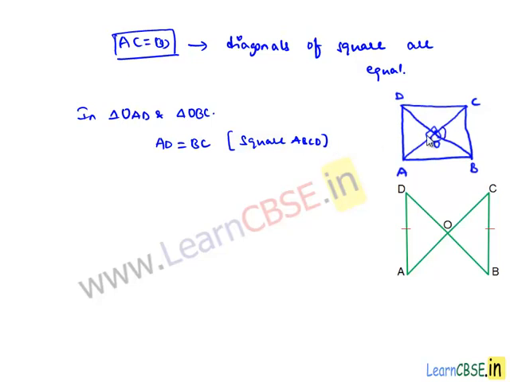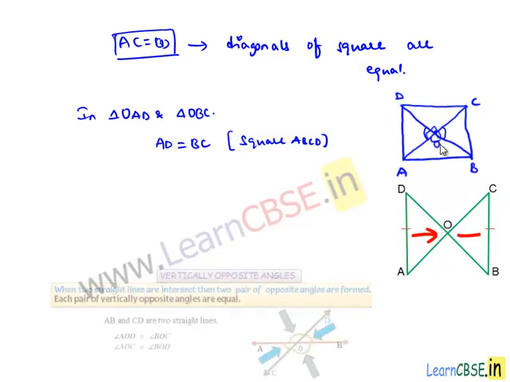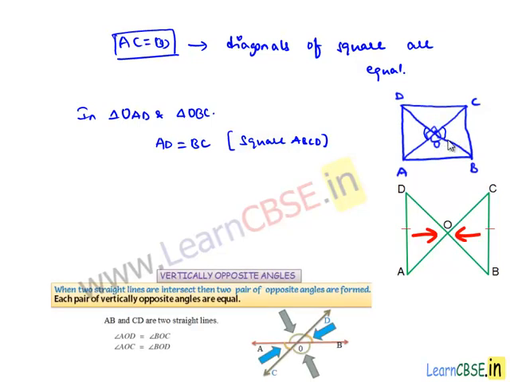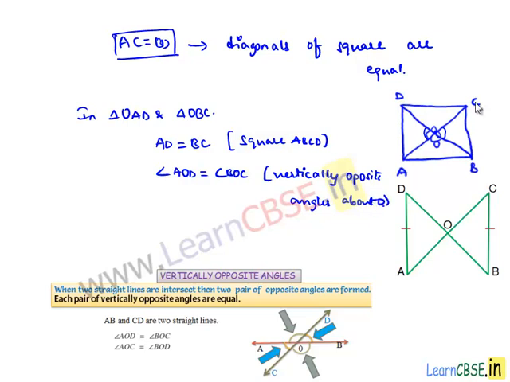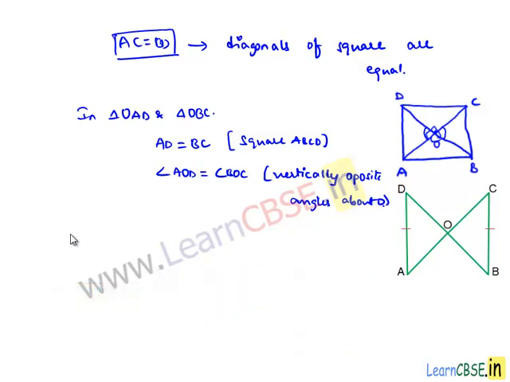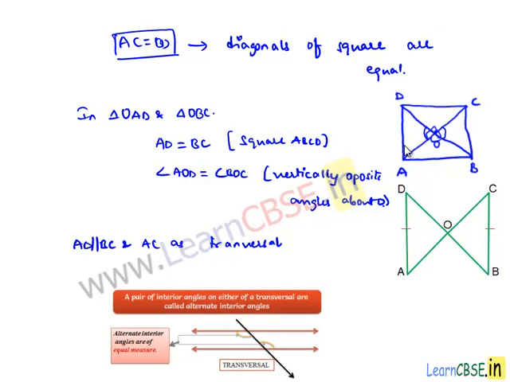Secondly, we can say that angle AOD and angle BOC are equal since they are vertically opposite angles about point O. And now let us consider that AD is parallel to BC and AC as transversal. Then angle DAO will be equal to angle OCB since they are alternate interior angles.